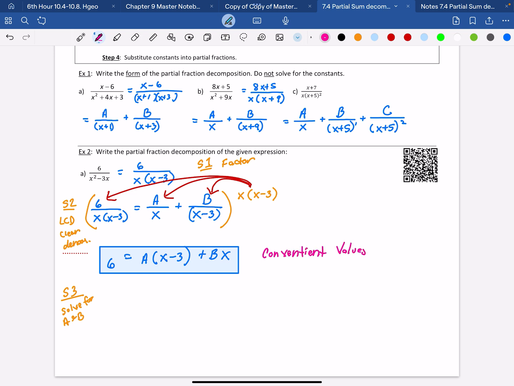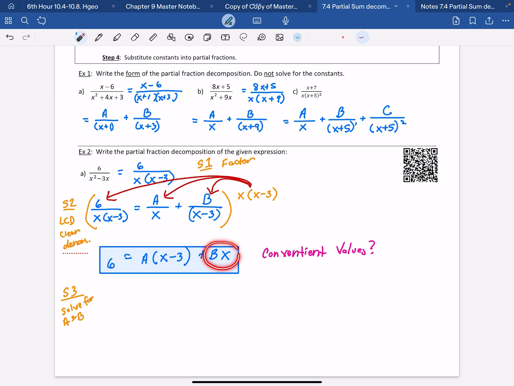You're going to ask yourself, is there any number that I can plug in for X that would wipe out one of the two variables? All right, so for example, if you remember when you're finding zeros, you're asking yourself, what can I plug into an equation that'll make something poof out and disappear completely, in hopes that just one of the other variables is left over? So if you notice, let's start with an easy one.